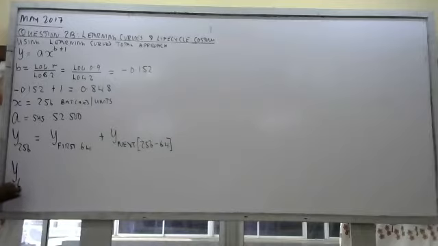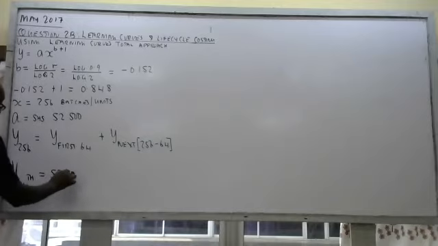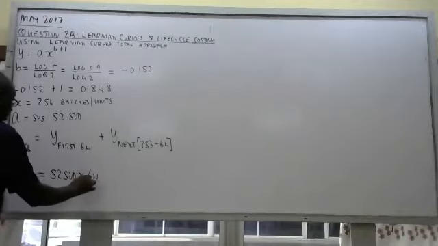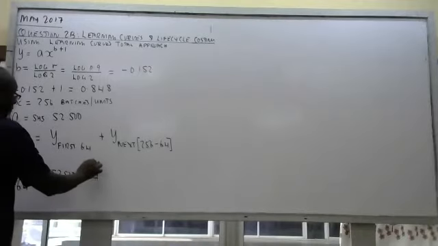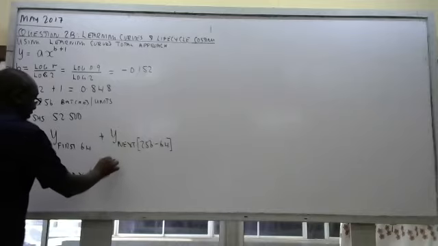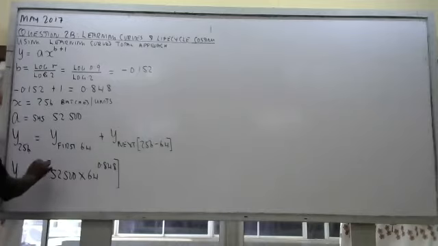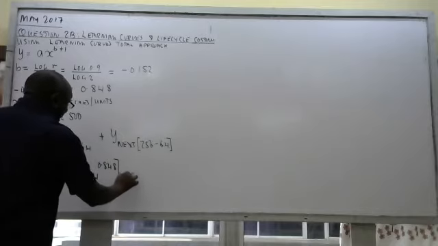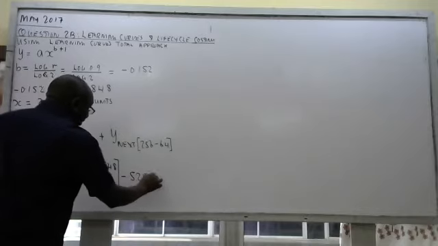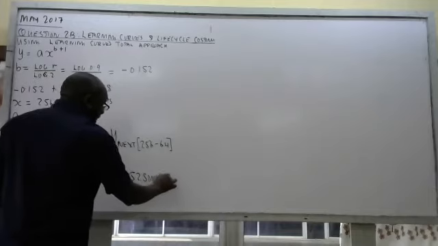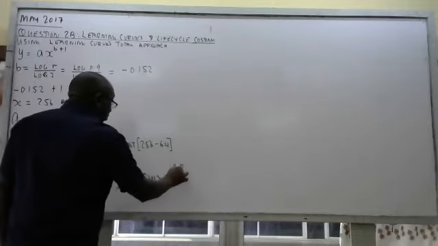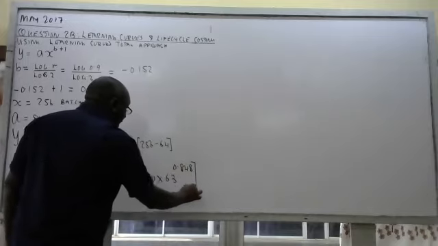So Y for the 64th will be 52,500 times 64 raised to power 0.848, minus 52,500 multiplied by 63 raised to power 0.848.